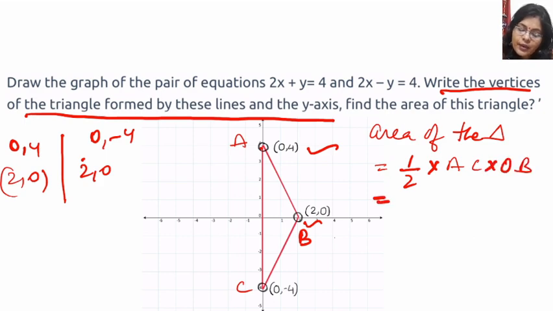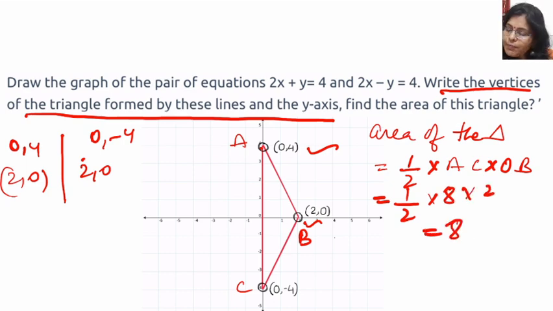So it will be half into 8 into 2, which is equal to 8. Or simply we can calculate on the y-axis: 1, 2, 3, 4, and 1, 2, 3, 4, we have got 8. This is the exact way.